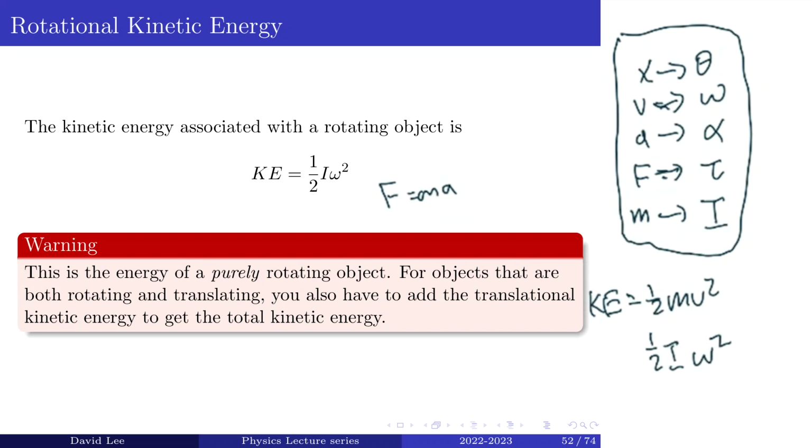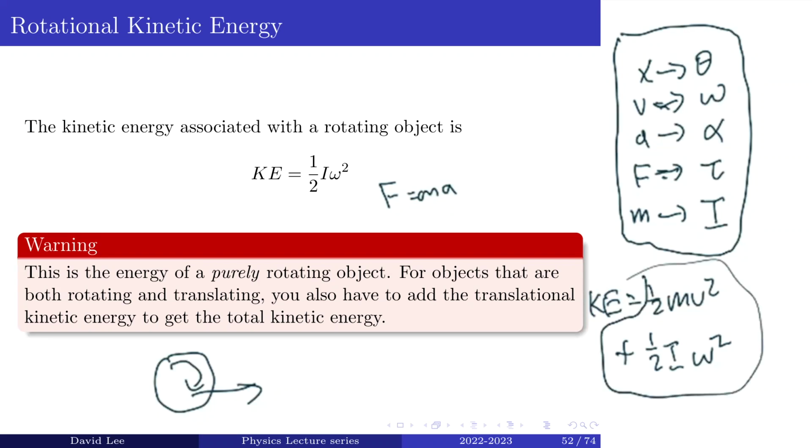And as for this warning, this is kind of important because let's say you have a ball that's both rolling, but it's also moving at the same time. So if it's rotating and moving, you have to add these two actually. So this will be your actual kinetic energy.